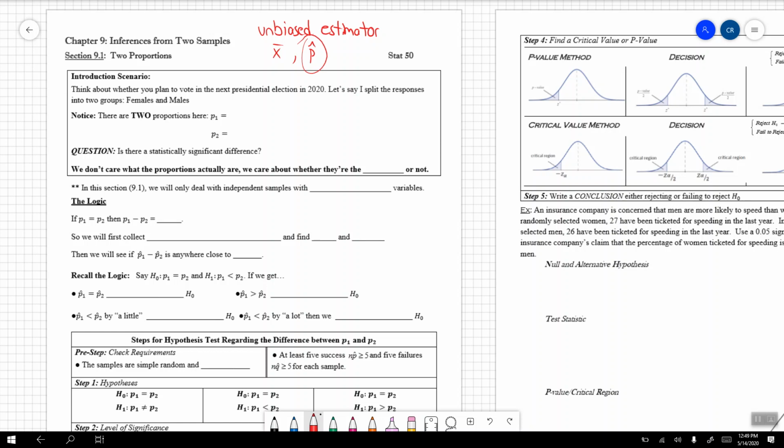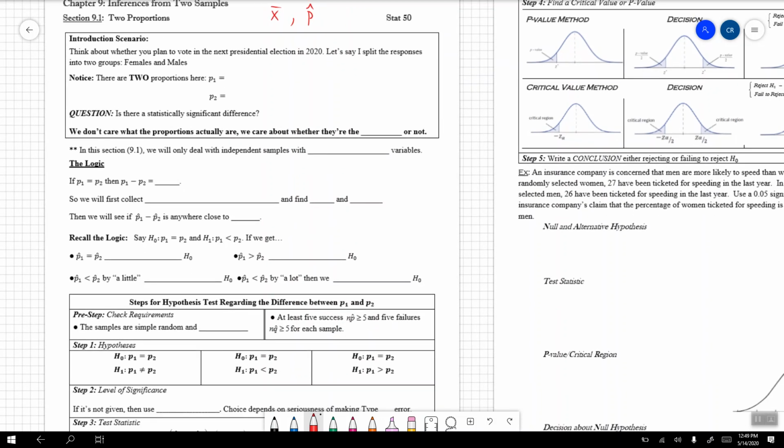So let's look at this particular scenario. It says, think about whether you plan to vote in the next presidential election this year in 2020. And let's say I split the responses into two groups, females and males. So there are going to be two proportions here. In the first proportion, I'm going to ask the females, how many of you plan to vote in the presidential election?